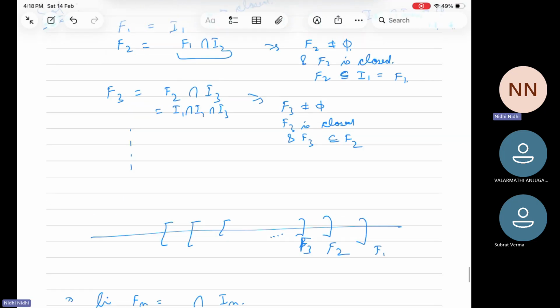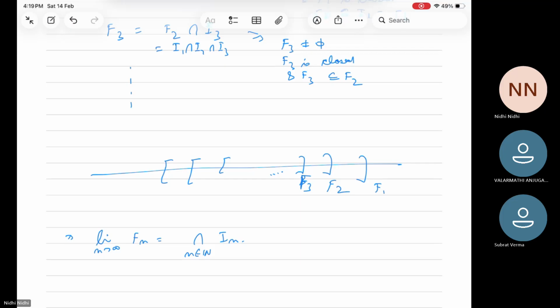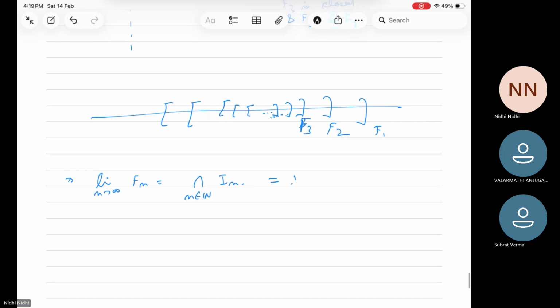Now you can see that this sequence will converge eventually to a non-empty closed set, which is I. Clearly, again using the fact that an arbitrary intersection of closed sets is closed, I is closed, and non-empty because each Fi is non-empty, so eventually the final set will also be non-empty.